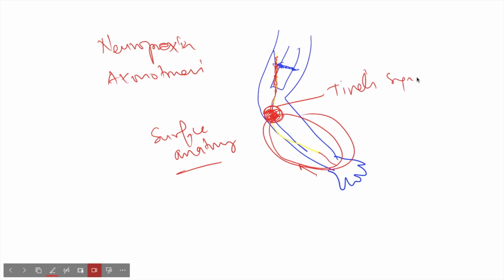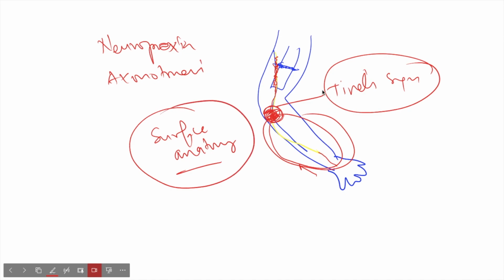So how do you elicit a progressive Tinel sign? You percuss from distal to proximal along the surface anatomy or surface marking of the nerve, and the point where the maximal current shock like effect is elicited is the point where the Tinel sign is positive.